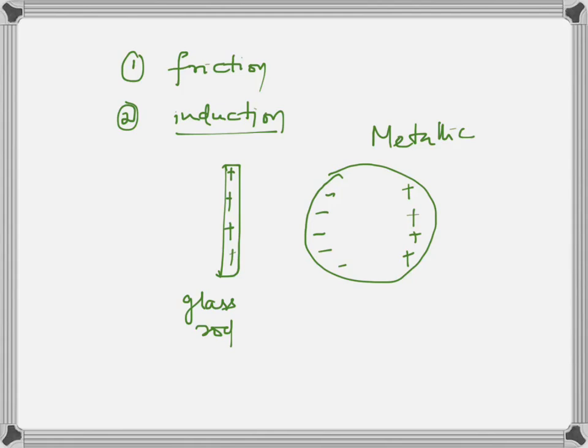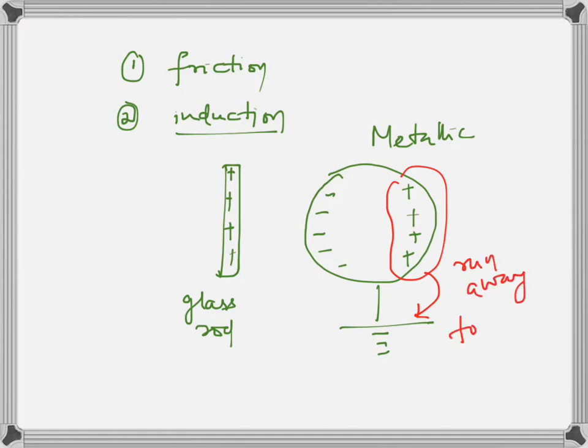Now if I connect this metal by a wire to earth, if I connect it to ground, all these positive charges would run away to earth. This is what happens.